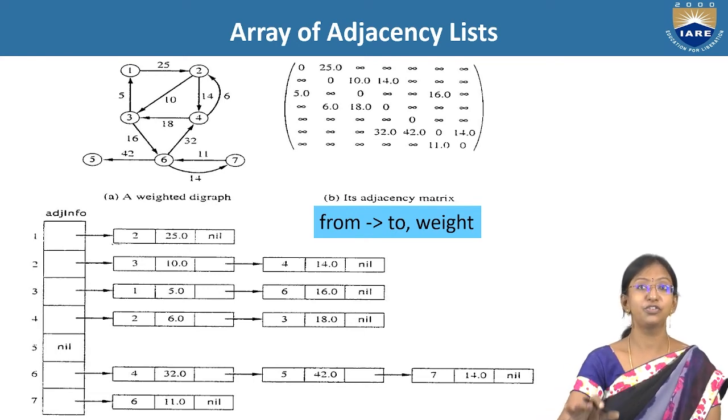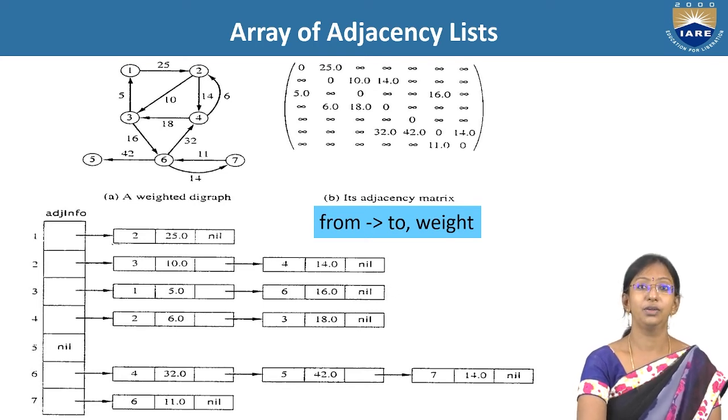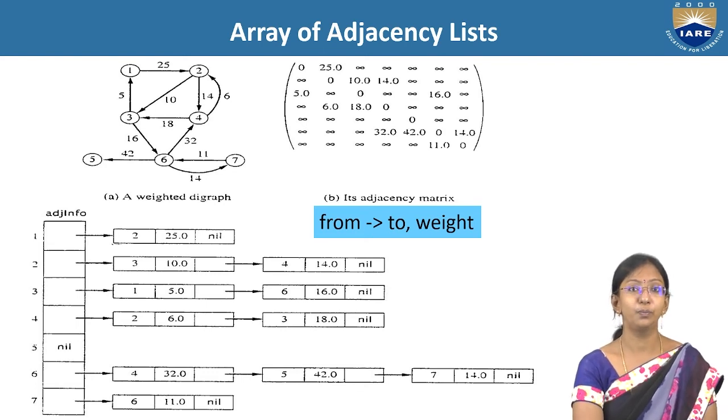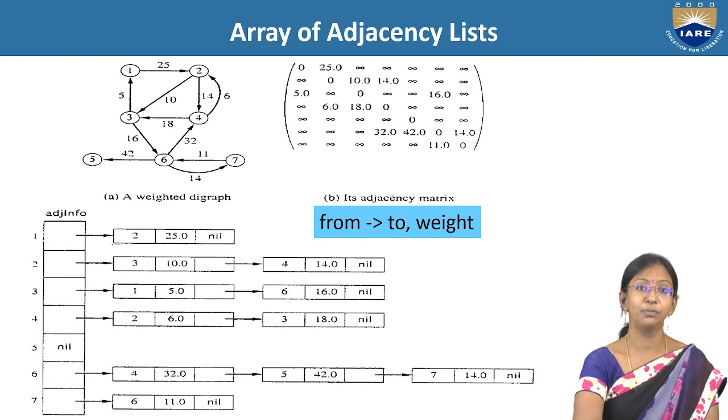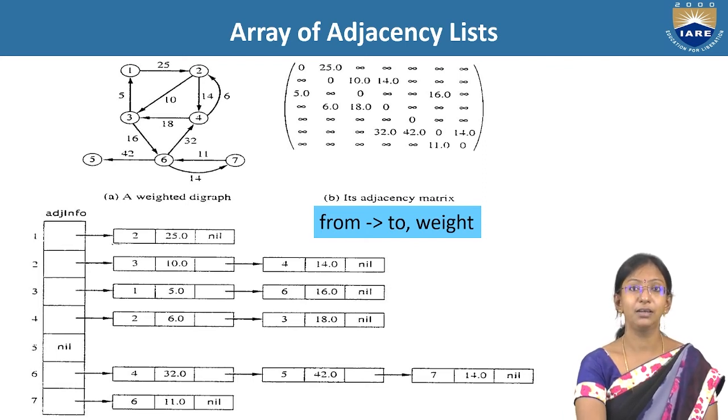So I'm going to restructure the node by extending its wings. Previously the node was having 2 parts, the information of the neighbor and the address of the next node. It is extended with a new part, the weight, which I have included. Have a look.